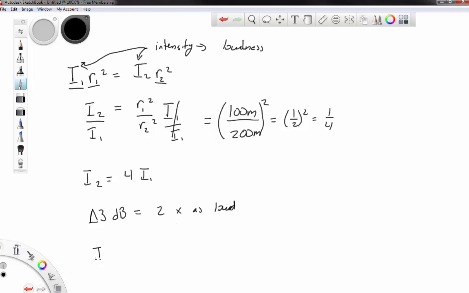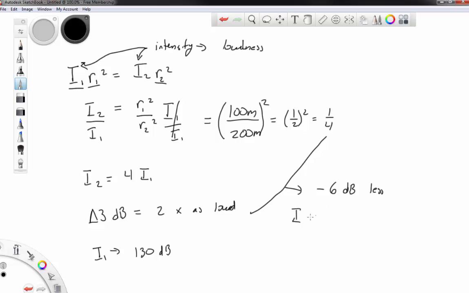So I1 corresponded to 130 decibels. Therefore, we need to get a quarter as loud, so between these two statements, we need 6 decibels less.